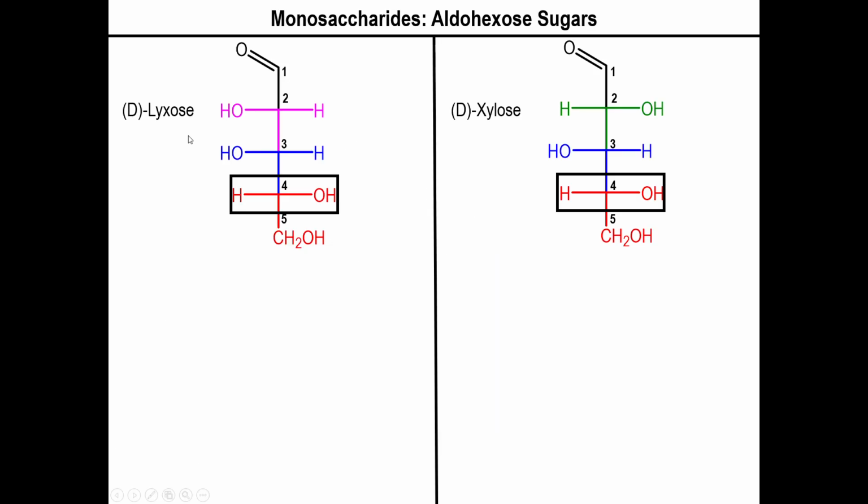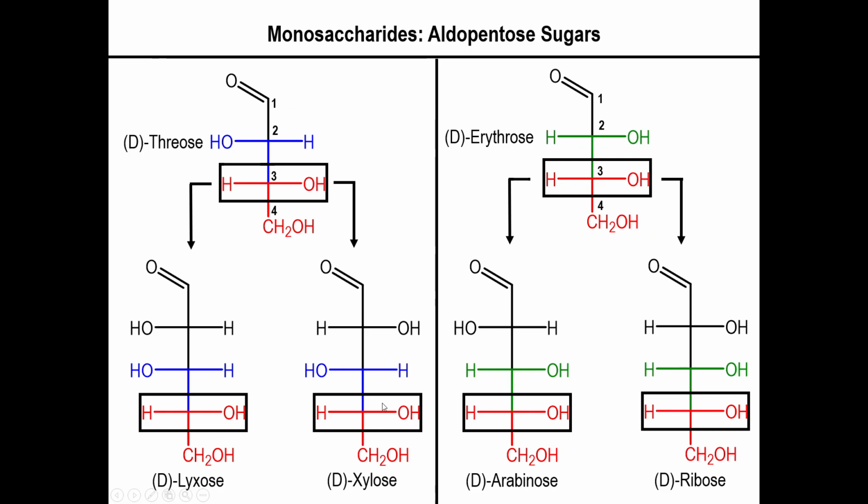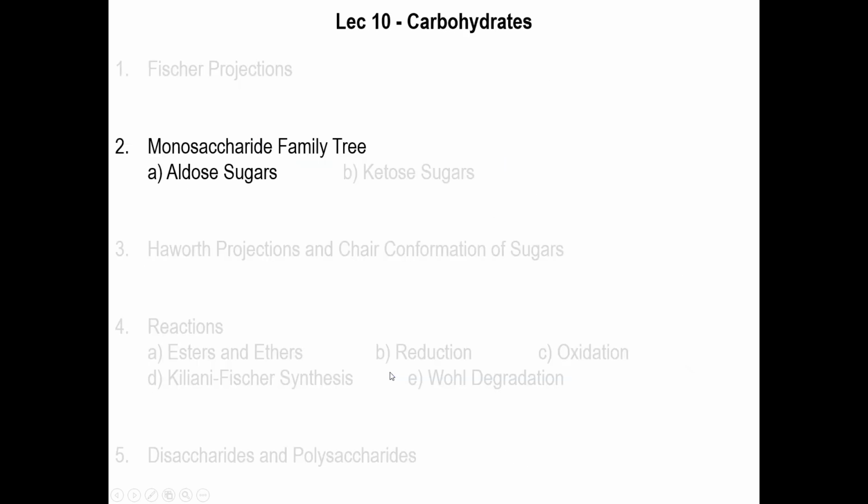And we're going to start first with lyxose and xylose. I would have loved to put all of them in one slide, but it was just too hectic, so I just decided to break it in half. So I'm only working at the moment with lyxose and xylose, the 2 sugars that derive from threose, and then right after that we'll deal with the erythrose derivatives.